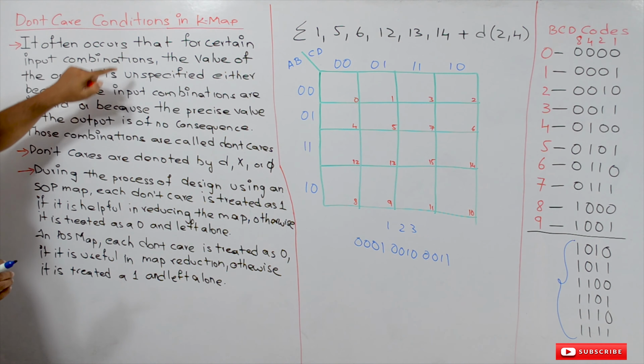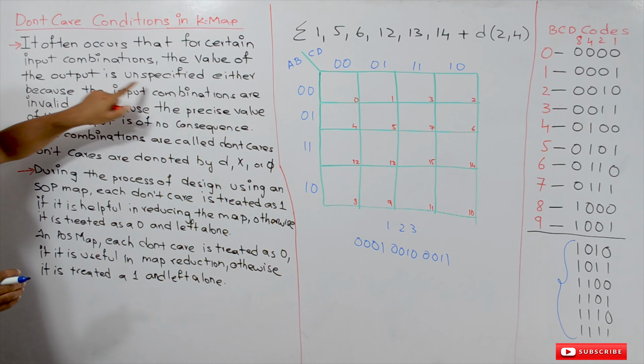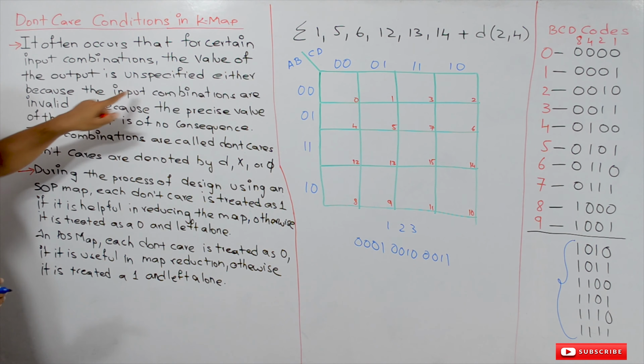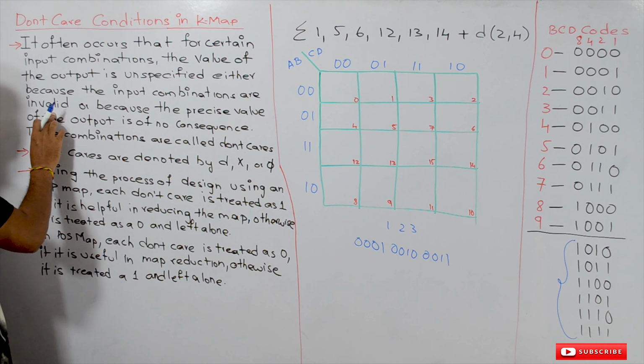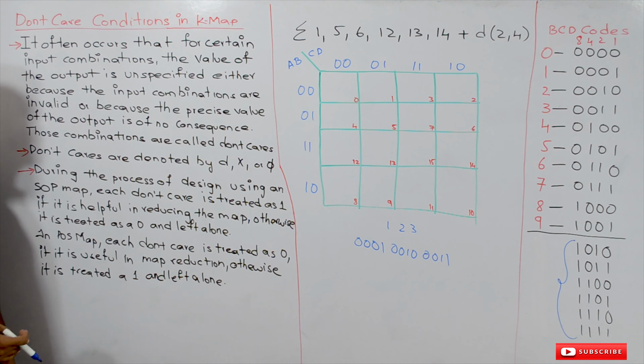Okay, so coming to the definition of don't cares, let's try to understand each point. It often occurs that for certain input combinations, the value of output is unspecified, either because the input combinations are invalid or because the precise value of the output is of no consequence.